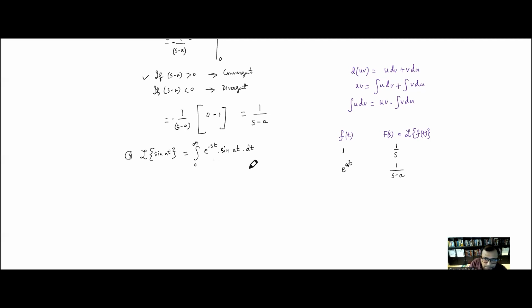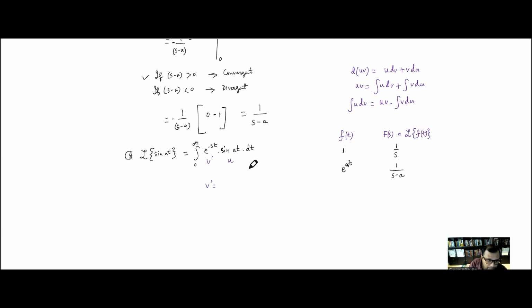So let's say this is v prime, and this is u. Let me write in a different color.